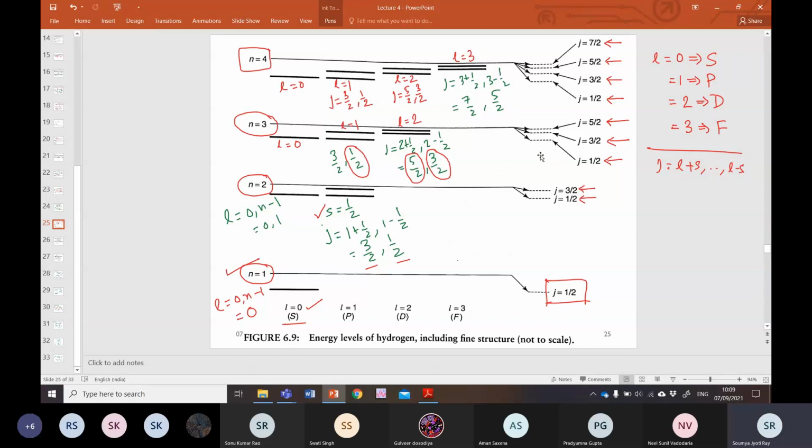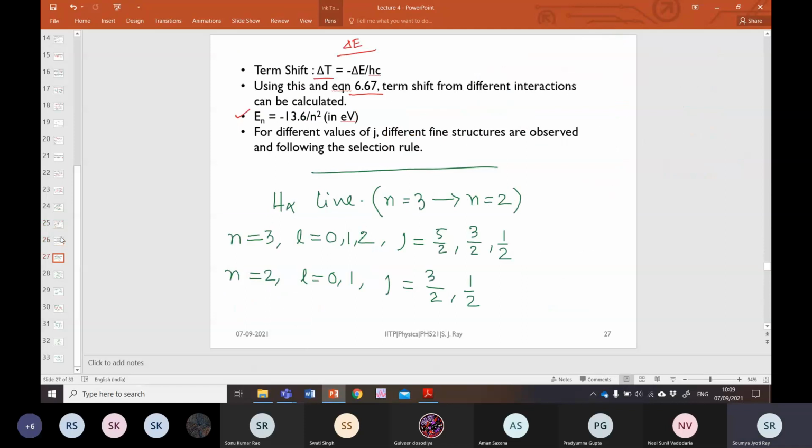Simultaneously, if we look at the level n equal to 3, then there are three possible values of J, which are J equal to 5 by 2, 3 by 2, and half. So this says that the fine structure splitting gives us additional energy levels which are characterized by the quantum number J.